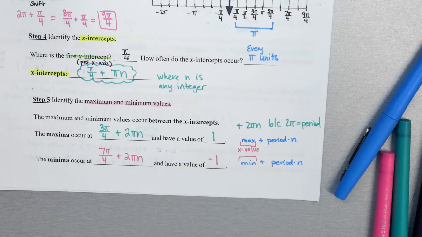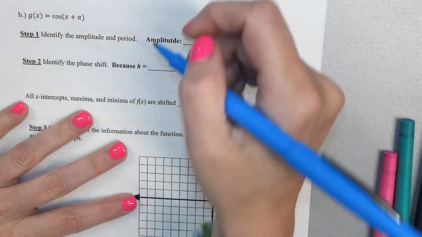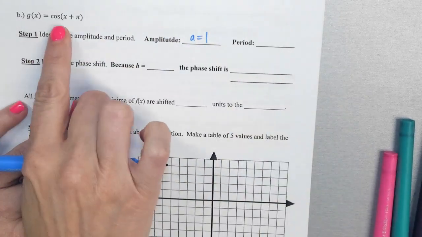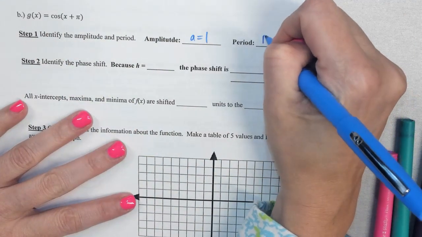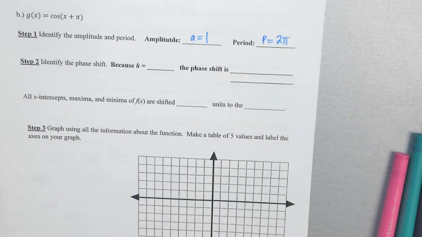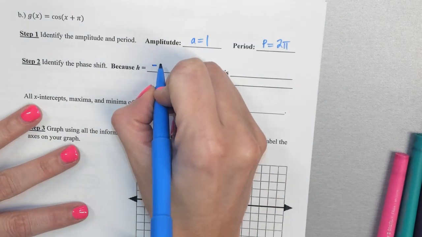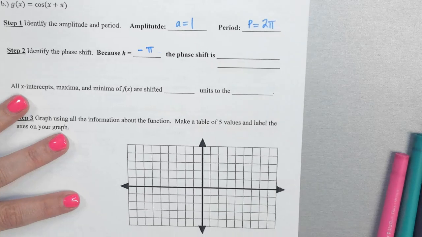All right, so what's your amplitude? 1. So remember, if you don't see anything in front of the cosine, your amplitude is 1. And if you don't see anything in front of your x, your period is 2 pi. Okay, what is your phase shift? What is h? Negative pi. So h is negative pi.